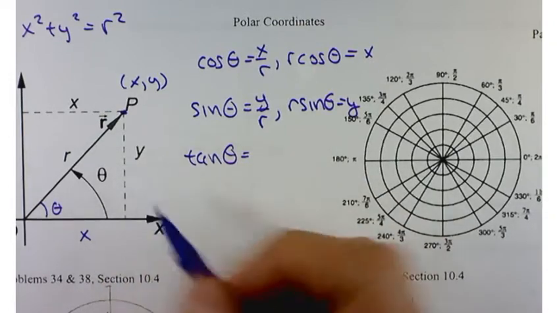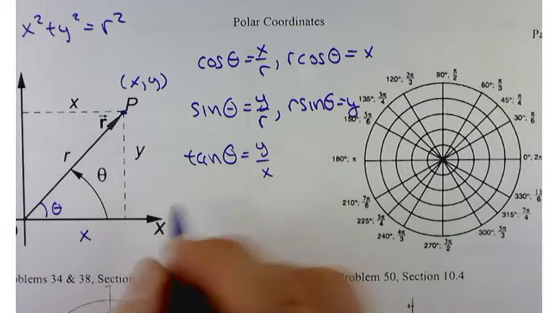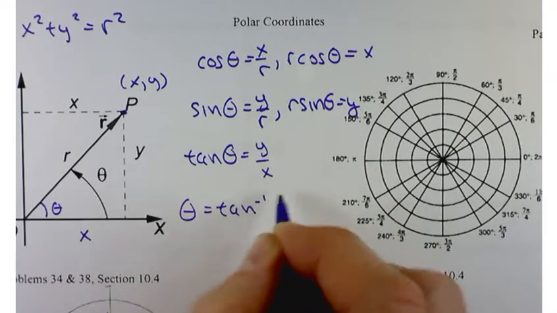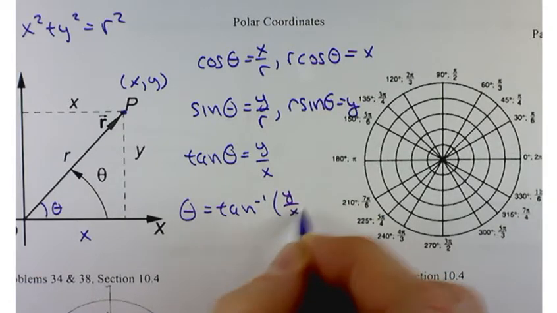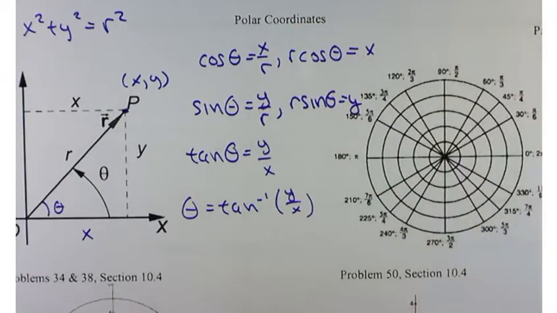Tangent of theta is not going to involve r at all. It's just going to be y over x. And from that, you can get theta equals the inverse tangent of y over x. So, okay, a couple quick relationships amongst your variables here. These are some reminders on how to derive those things.